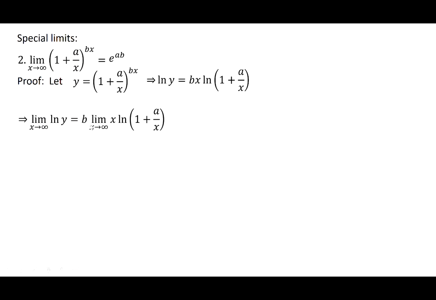Okay, and then we have this. Let's look at this and see what this quantity turns out to be. Limit as x goes to infinity, 1 plus a over x becomes 1 because a over x goes to 0, and natural log of 1 is 0.